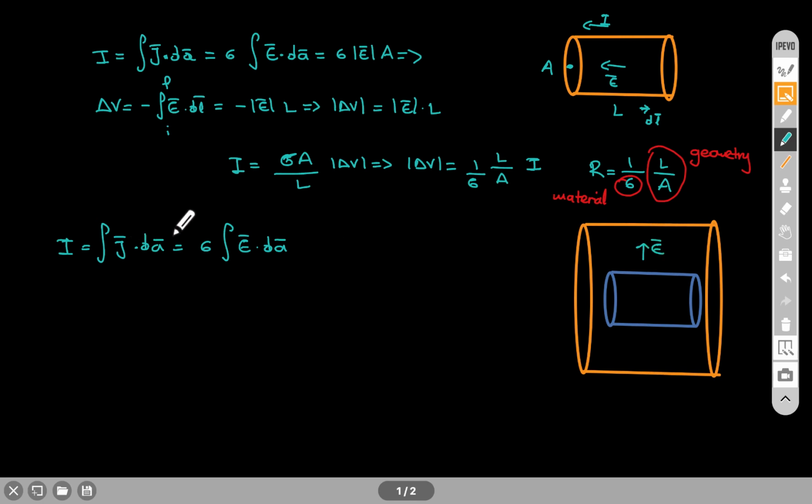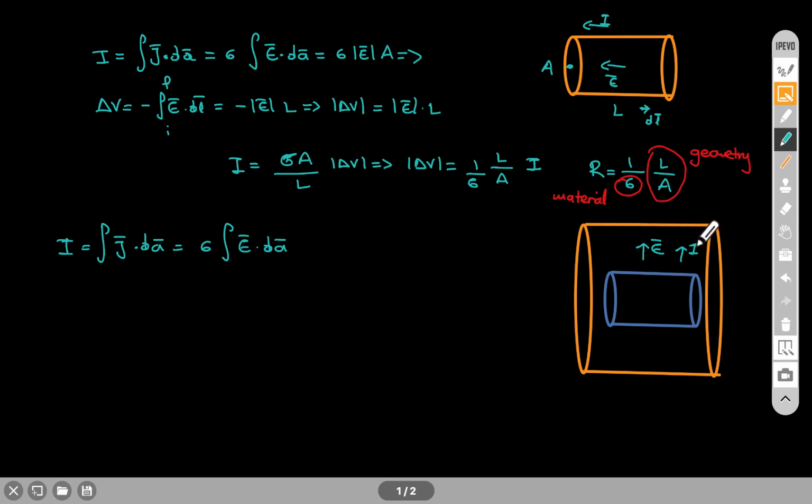And because the current density depends on the direction of the electric field, this means that your current is also flowing in the same direction. From at least conventional current, it's going to flow from the inner cylinder to the outer cylinder.